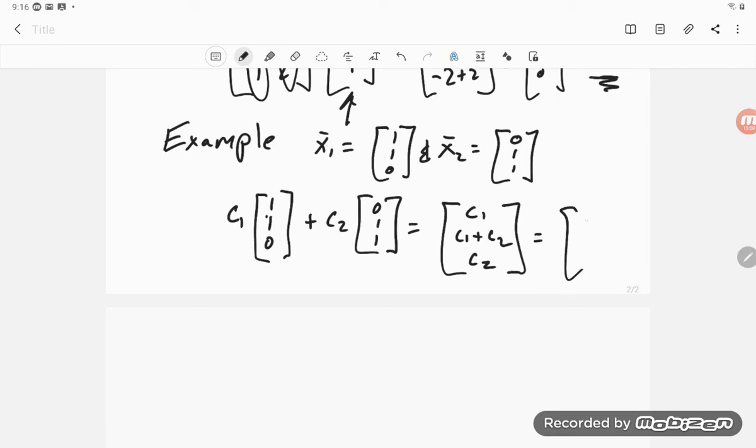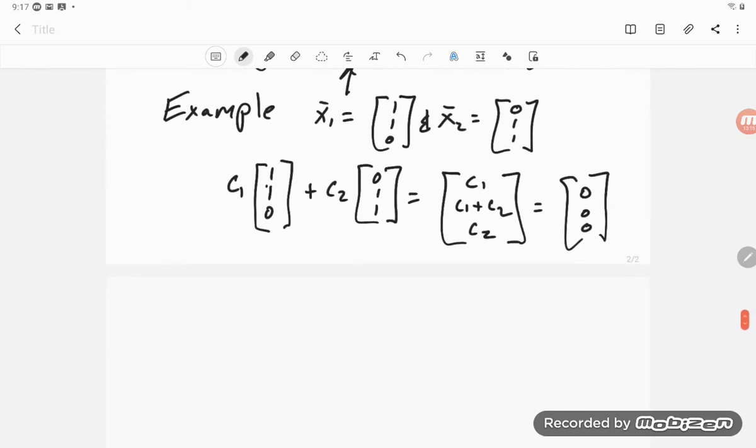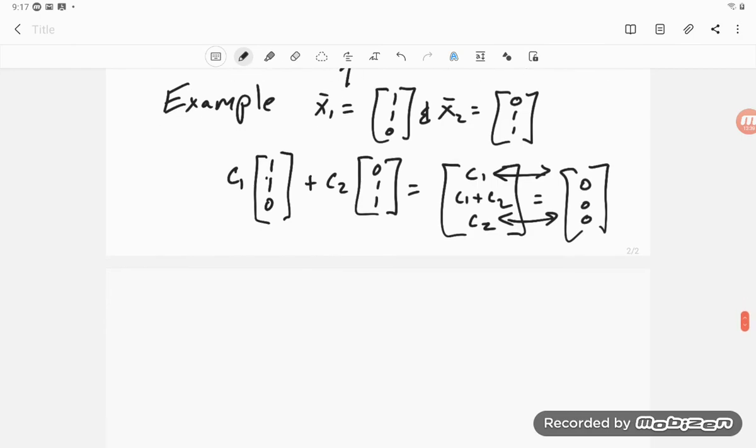If I say that is equal to (0, 0, 0), the 0 vector, the only way that's going to happen is if C1 and C2 are 0. So that's the only way I can make this work, and therefore they're independent. So x1 and x2 are independent.